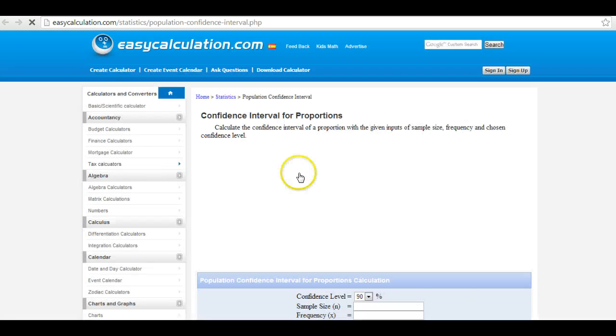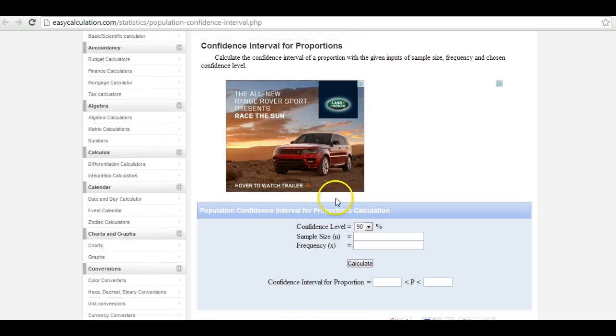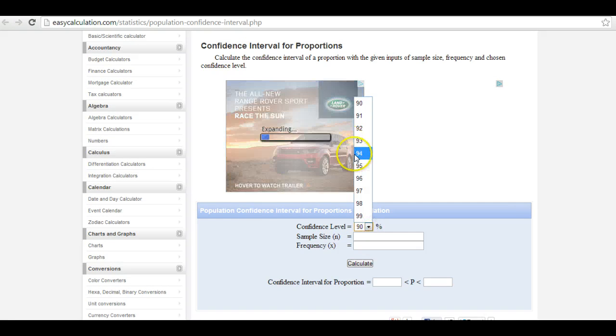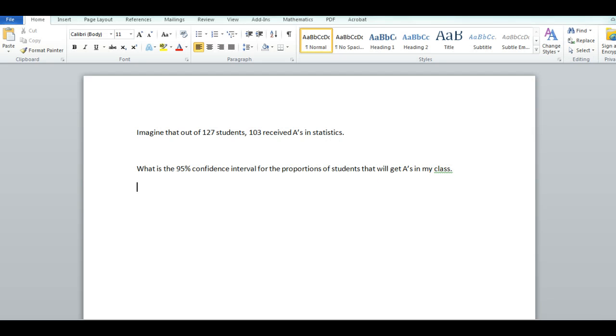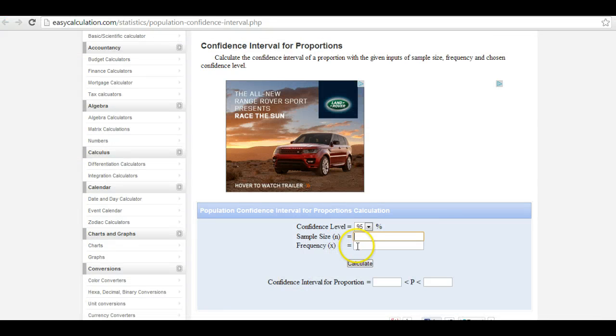So that's this one. I said I wanted it to be 95%. The sample size was 127, and the frequency of success of the A's was 103. So the confidence interval would be from 0.743 to 0.879.